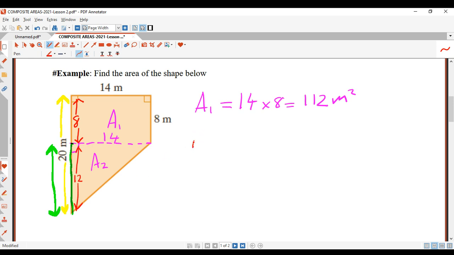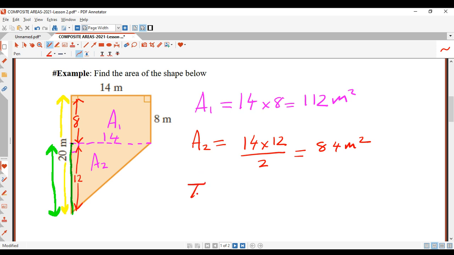So now we can find the area of the triangle. So it's base times height divided by 2. So 14 times 12 divided by 2, and that will be 84 if you put that into your calculator or work it out.